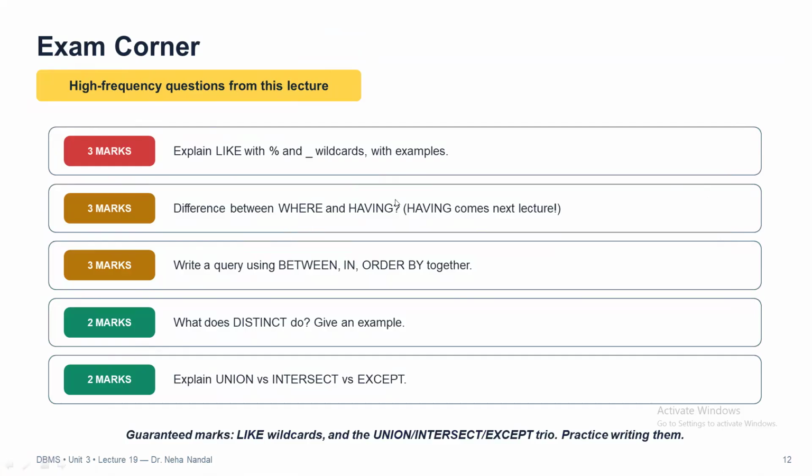Where clause, most of the queries we have done, but we are going to utilize where in our further queries also. Write a query utilizing between keyword and order by together. What does distinct do? What is the purpose of distinct? Give an example. Explain union, intersect versus except. I hope you can practice them and write these answers.